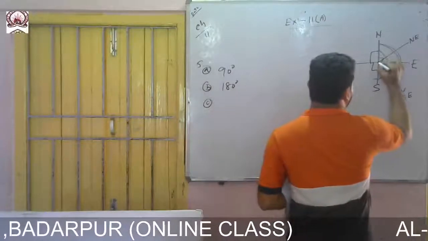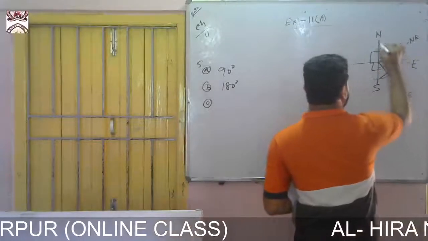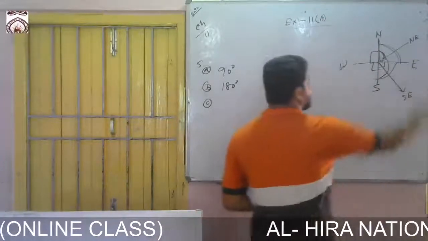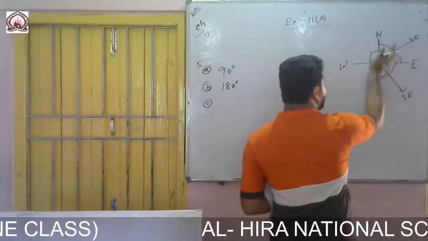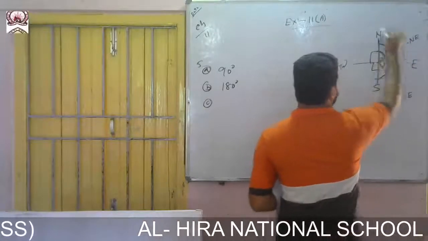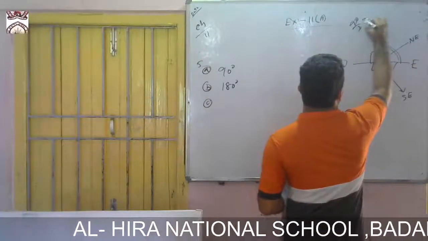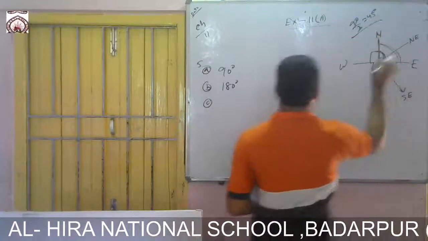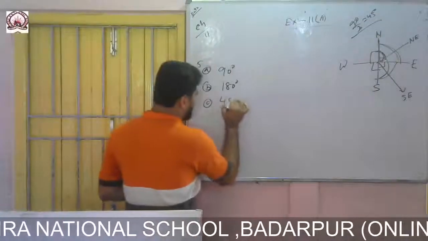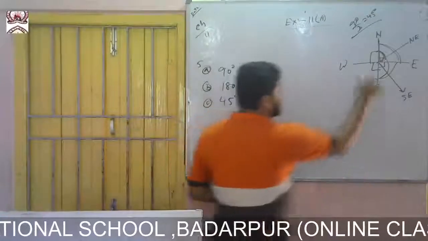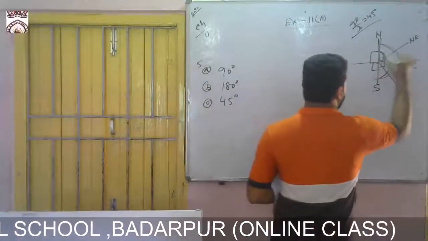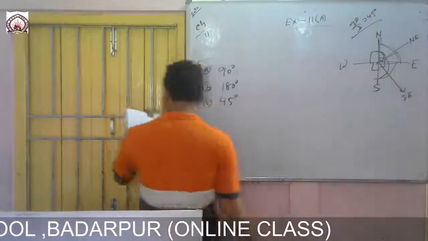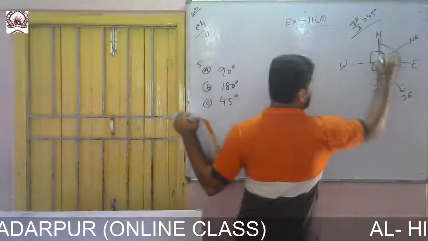So north to NE means this angle. If the whole is 90, then divided in half, 90 by 2 is 45 degrees. So this portion will be 45 degrees, because the whole one is 90, and half of this is 45. Okay, so NE is up to that much.